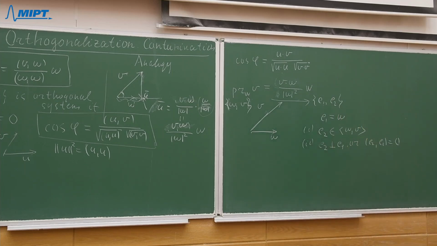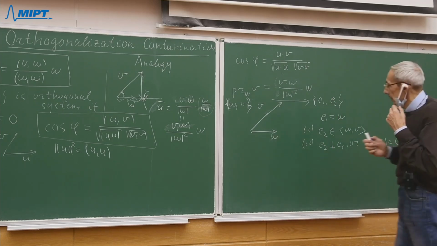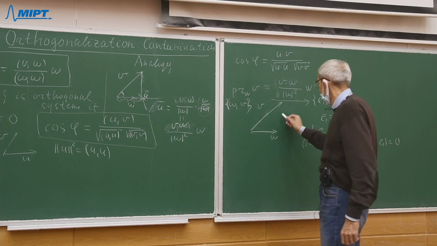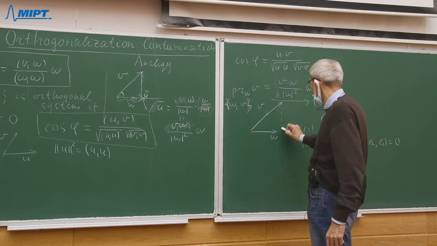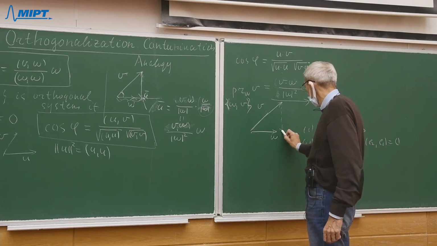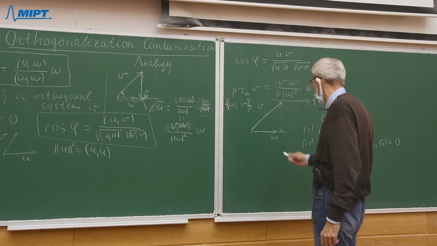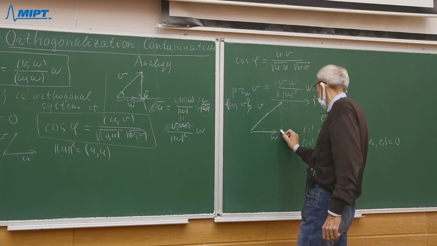Our claim is to obtain such a vector e2. We can construct this vector the following way. First of all, we can consider the projection of the vector v on the vector w.